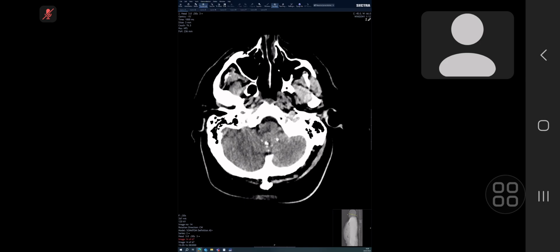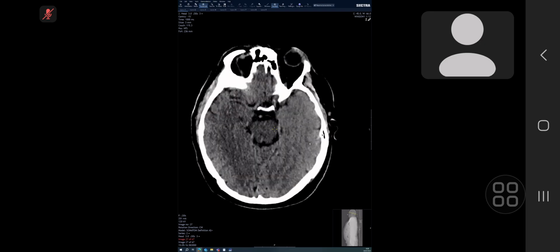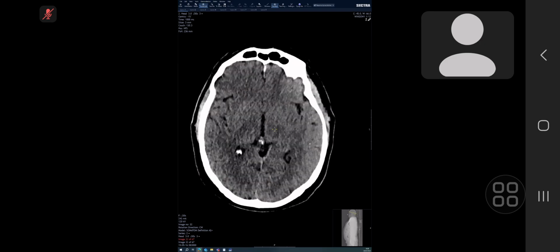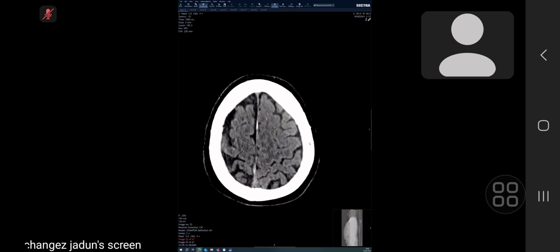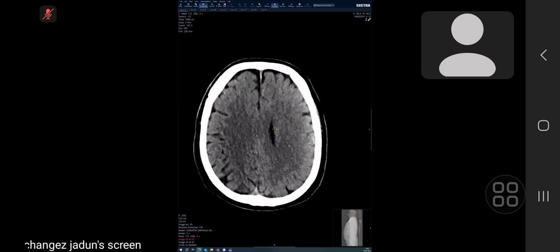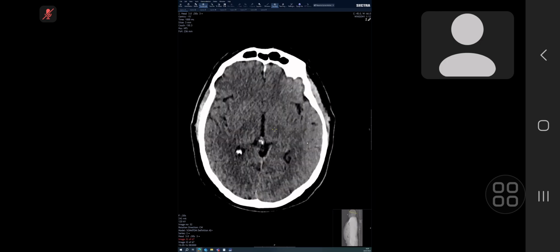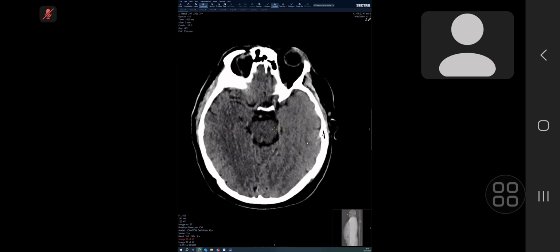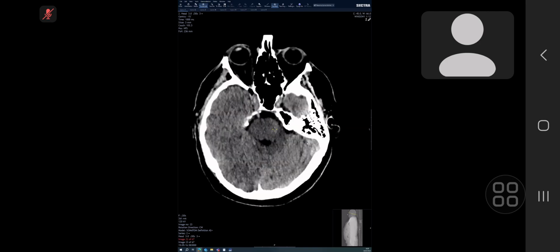But with these findings, I'd like to discuss the case with the clinician, the condition the patient has presented with, although there is no obvious bleed which I can see in this trauma patient. So with these findings, I'd like to convey my findings to the clinician on an urgent basis, and then I'd like to go for an MR scan.